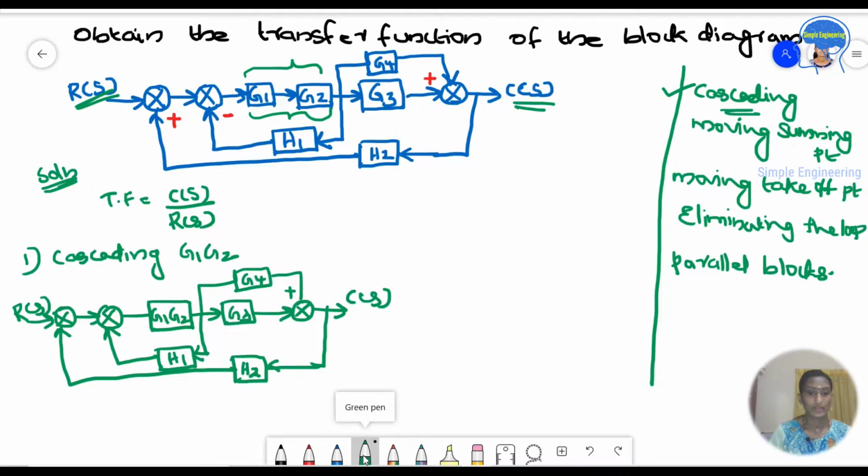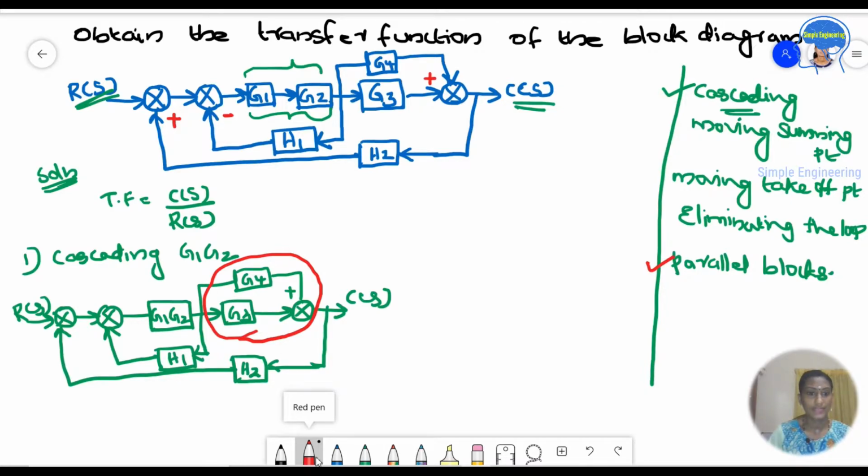Next you check the diagram thoroughly. What can we apply here? Here you have G4, here you have G3, and a summing point is there. Which rule can we apply? That is parallel blocks.